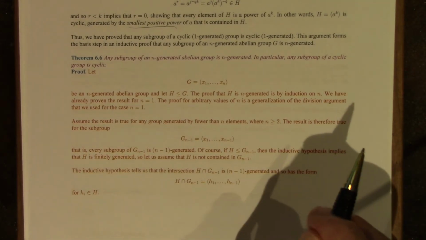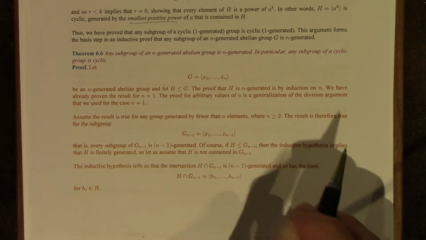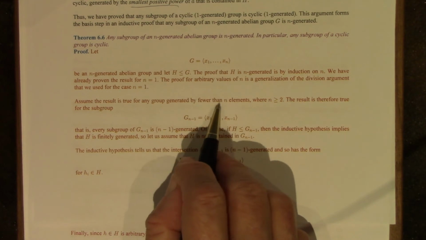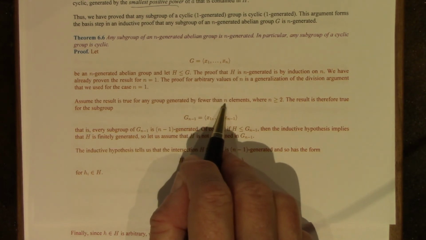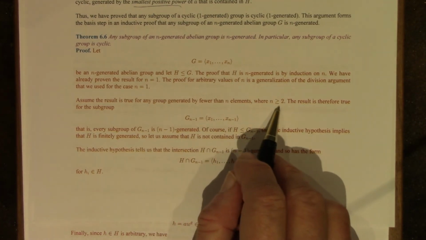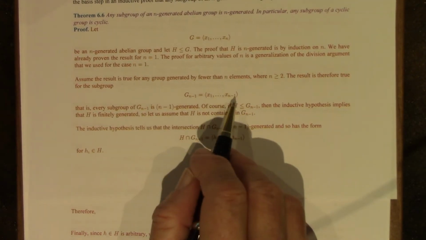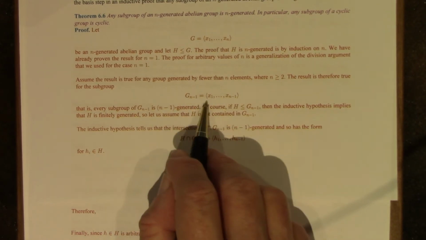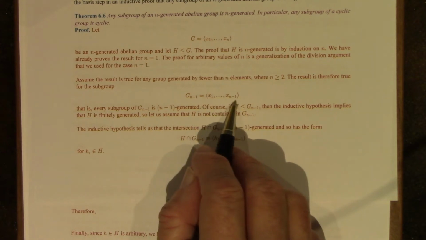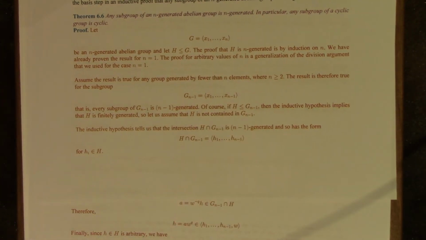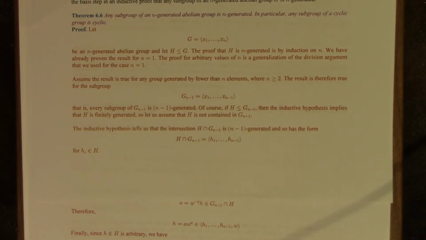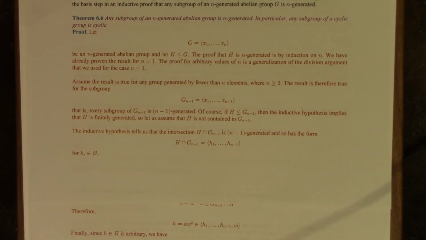So we'll assume that it is true for groups that are generated by fewer than n elements, and we can assume n is at least 2. So if we define G_{n-1} to be the group generated by x1 through x_{n-1}, then every subgroup of G_{n-1} will be n minus 1 generated. That's the inductive hypothesis.